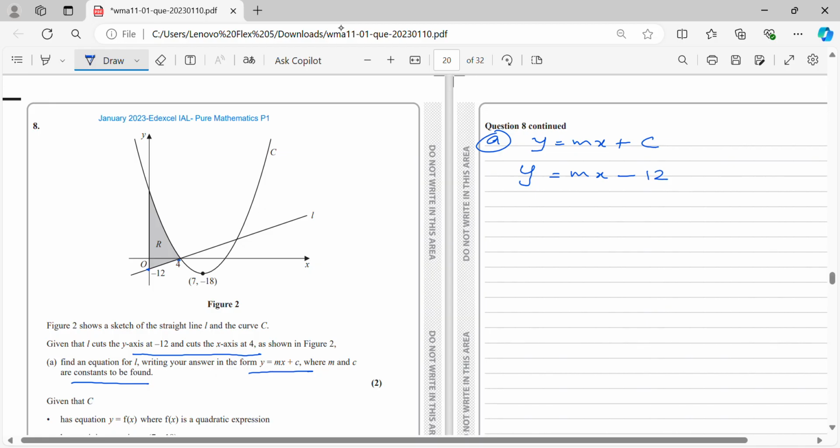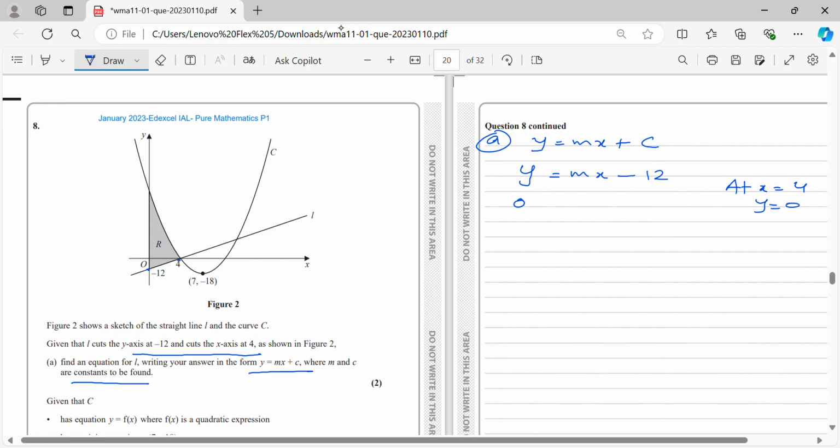But we have x is 4, so I can substitute here to get the gradient. At x equals 4, y is 0.